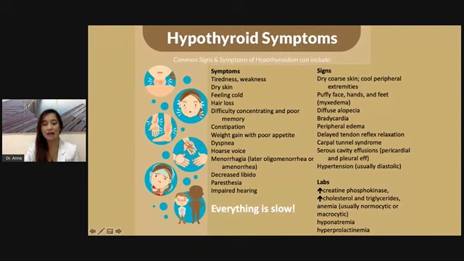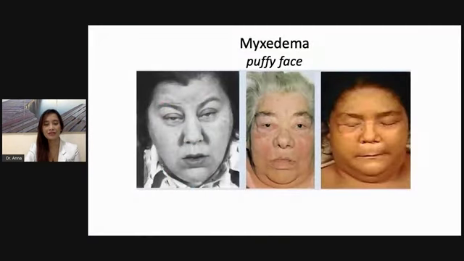So these are the laboratory abnormalities. You can have dyslipidemia as well, even hyponatremia, and as I mentioned earlier, hyperprolactinemia as mediated by your TRH. So these are the manifestations. What you notice in this patient is a sort of blunt affect. Looks very drowsy. This patient is actually asleep already.